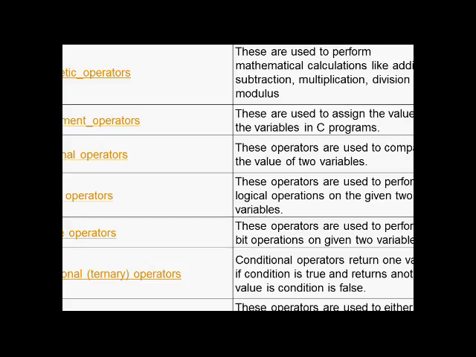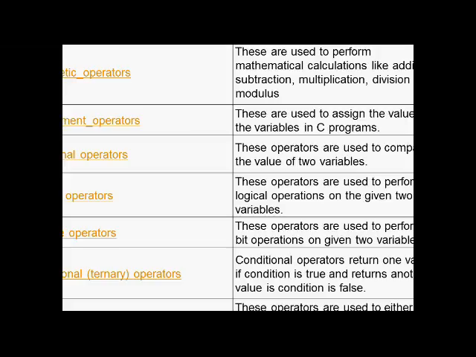Here is a brief explanation. Arithmetic operators are used to perform mathematical calculations like addition, subtraction, multiplication, etc. Then assignment operators are used for assigning a value to a variable, like a = b, a += b, a = a + b.